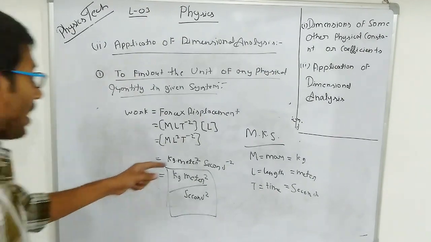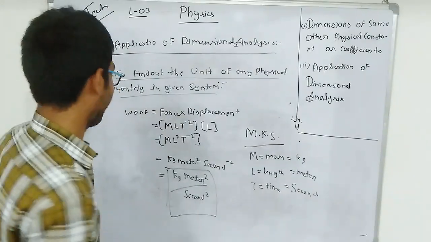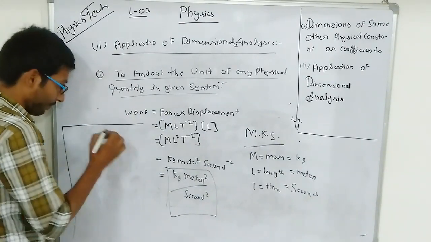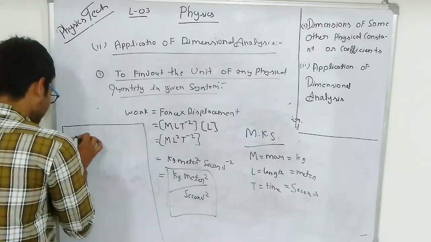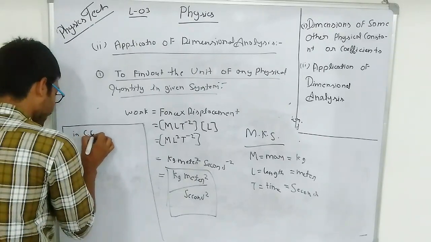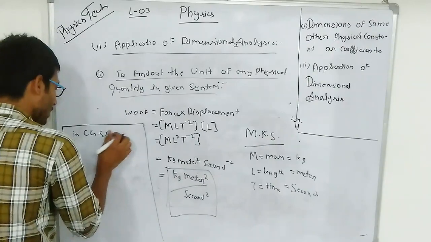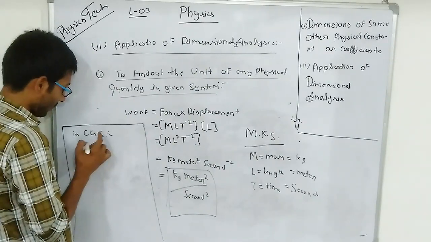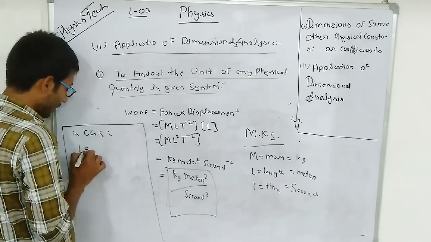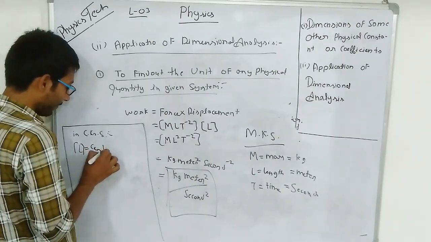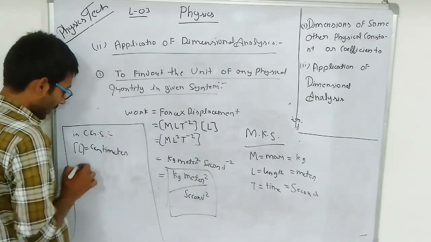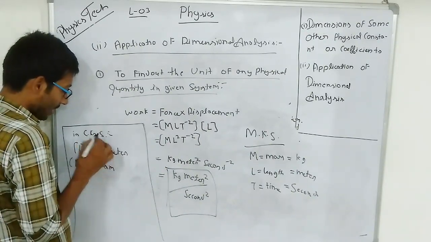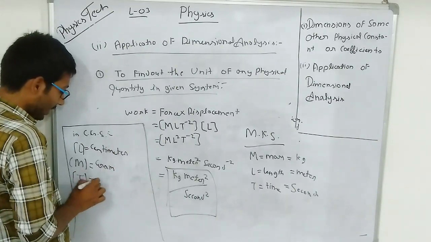Here also, what is the unit in CGS system? In CGS system, we know that length L is in centimeter, mass M is in gram, and time T is in second.